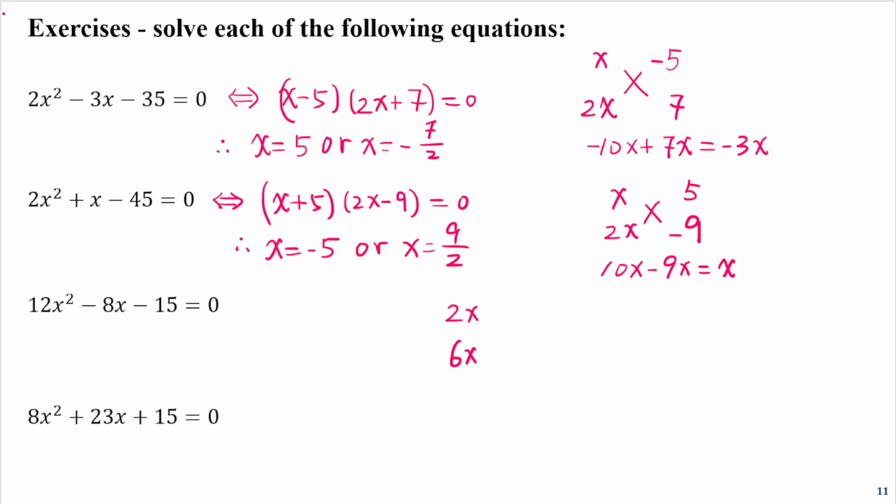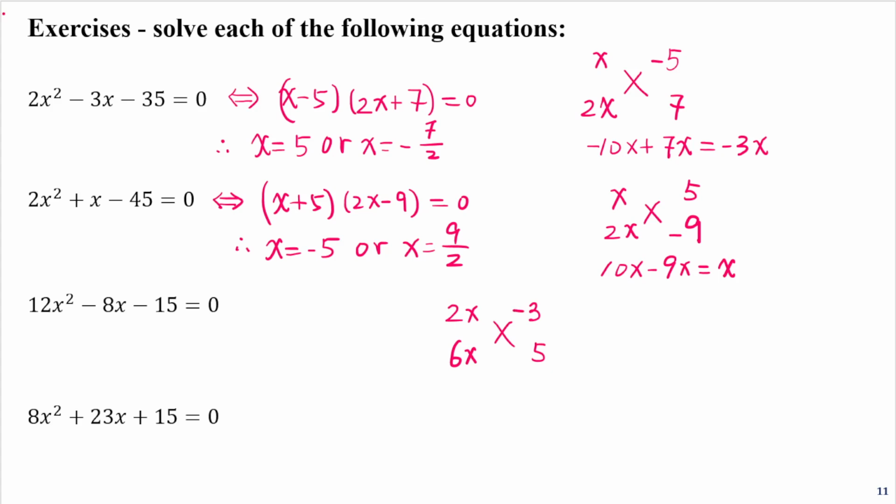Then try 15 is factorized to 3 by 5 here. And then bingo, we have found a correct combination because we have 18 minus 10, which is 8, which is positive 8 here, right?